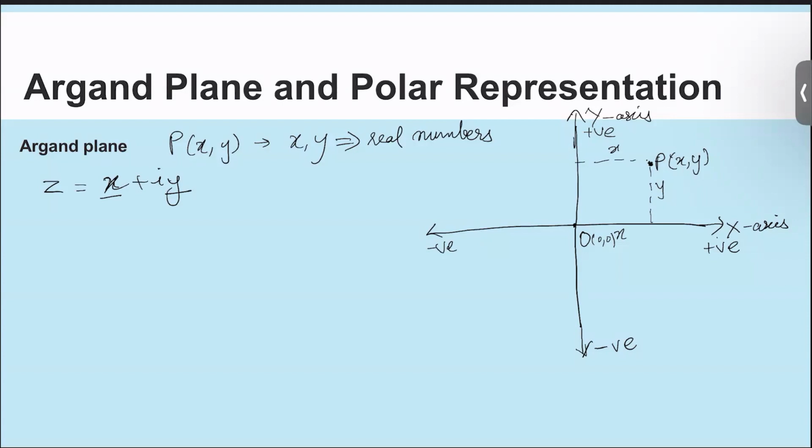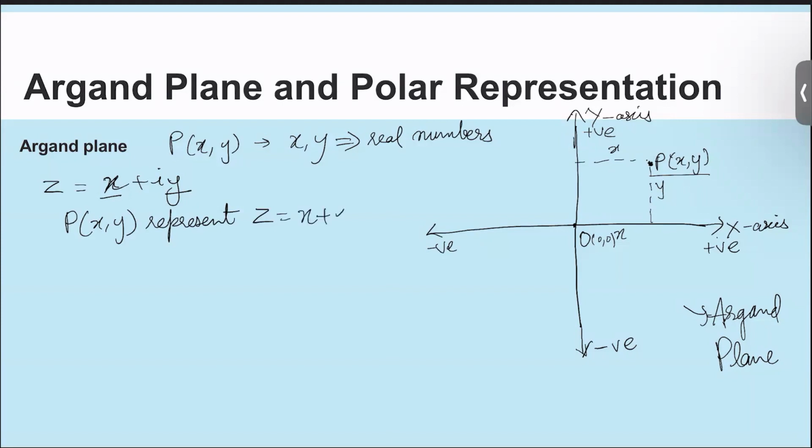This plane that we have over here is called the Argand plane, when we are trying to represent complex numbers. The complex number z can be represented as P(x, y) also. So P(x, y) represents z, the complex number x plus iy, on the Argand plane.